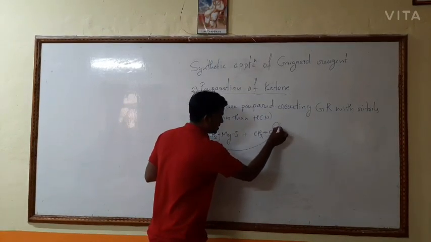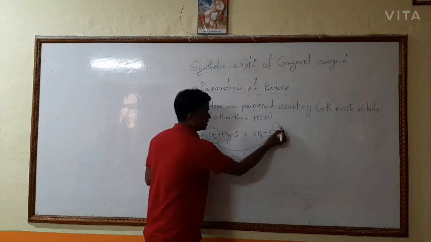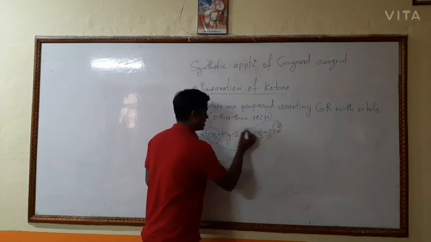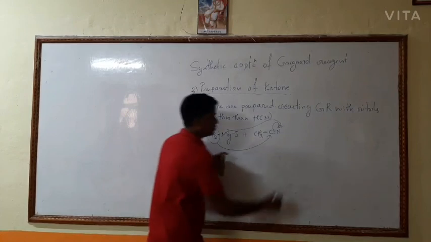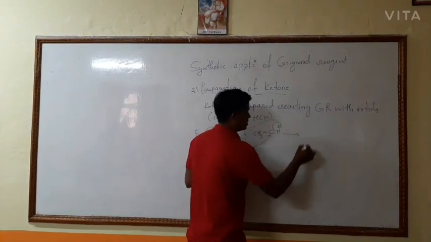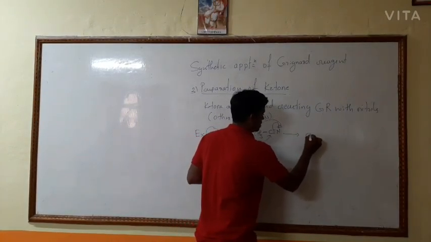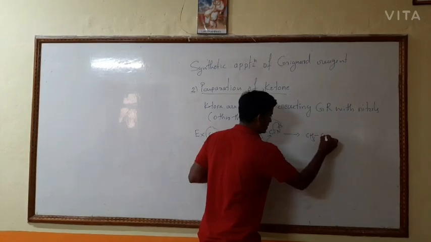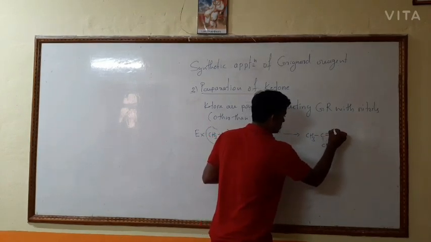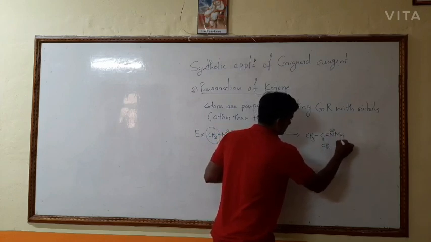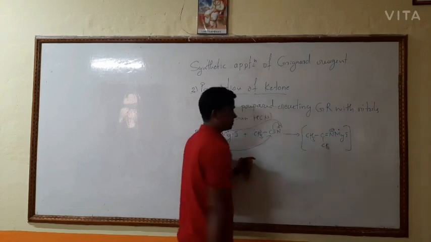Again it is shifted to nitrogen, which gets a negative charge. This is again attacked by the magnesium to give the addition product, which is CH3 C double bond N minus MgI, CH3. This is our addition product.